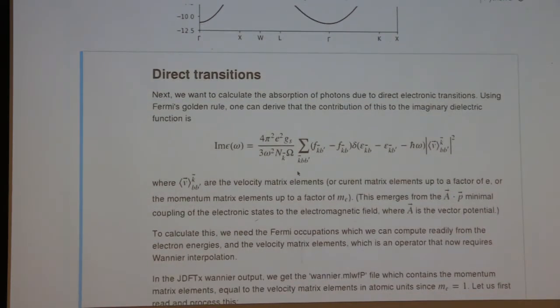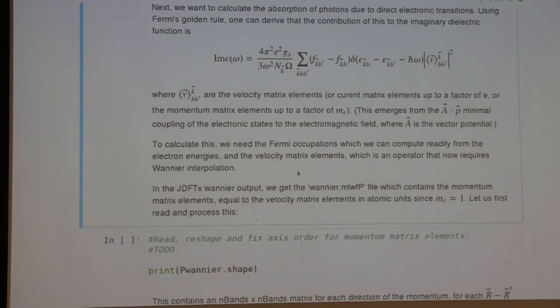Okay, so we are going to do that using Fermi's golden rule for calculating the rate of the process. So we are basically going to have the rate of that optical excitation, which is given by the matrix element for the electrons interacting with light, and it happens to be the matrix elements of the velocity, or equivalently the current or momentum given here. So this is the expectation value of the current operator at a particular k between the band B and B prime, right?